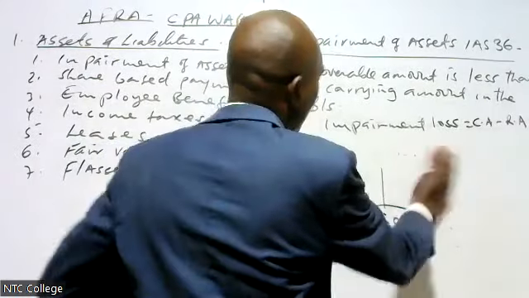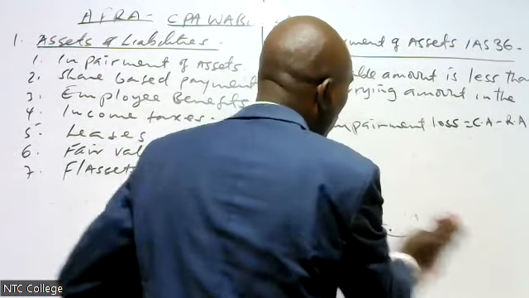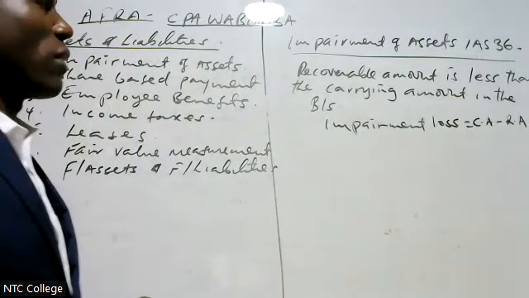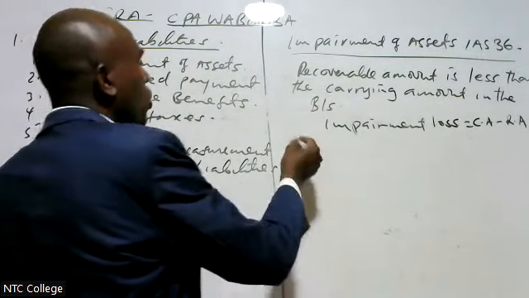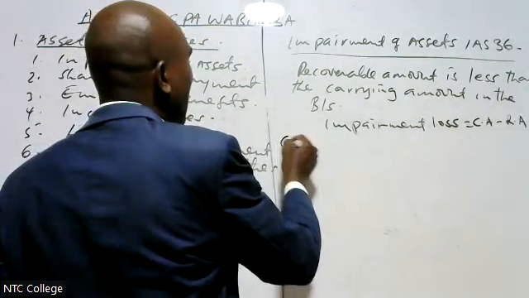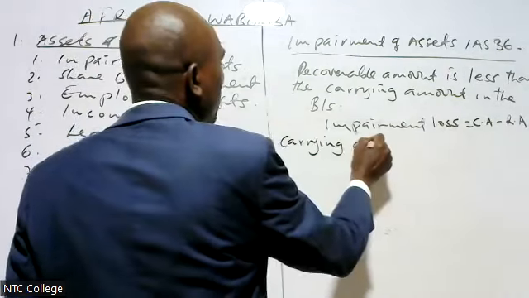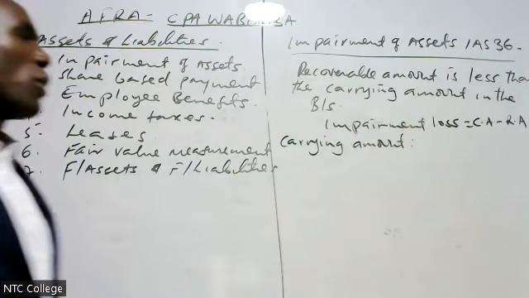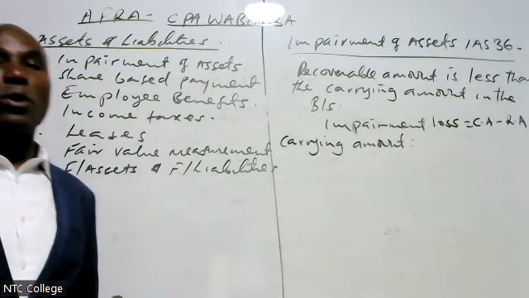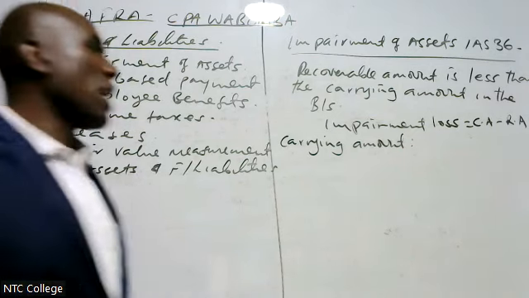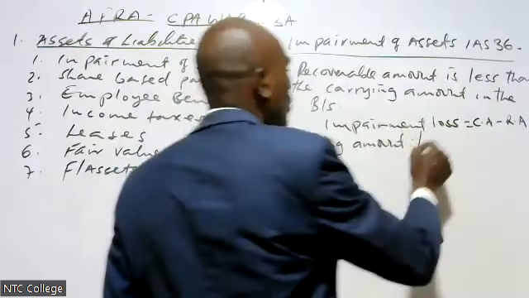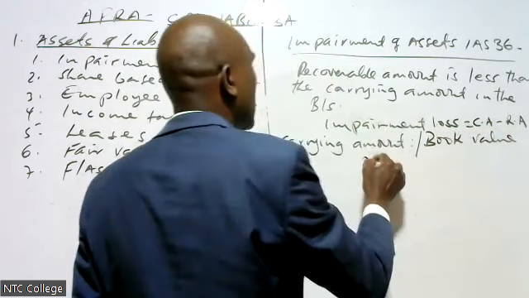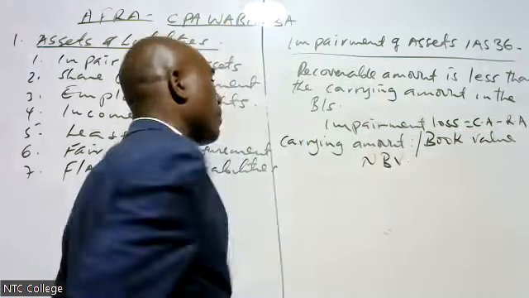Now, for us to understand impairment and that definition very well, we need to know what the carrying amount of an asset is. When we talk of the carrying amount of an asset, we mean the book value, or the net book value, NBV.